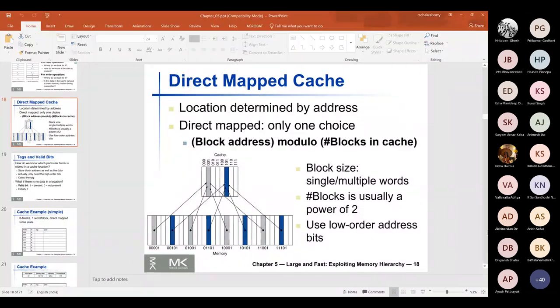Look at this direct map cache scheme. Consider a write back scheme. Suppose you currently have block 00101 in memory mapped to cache index 101.